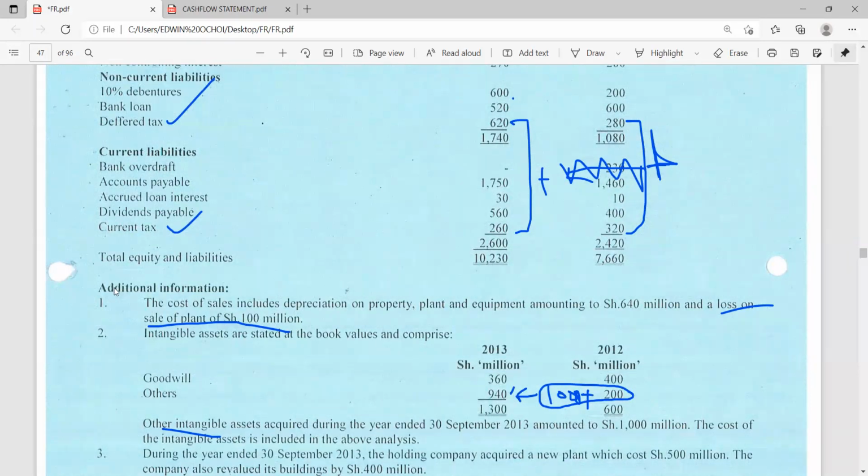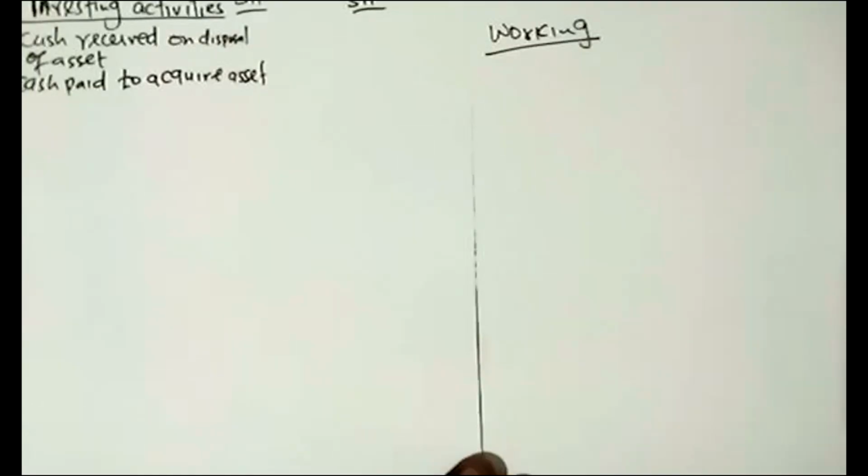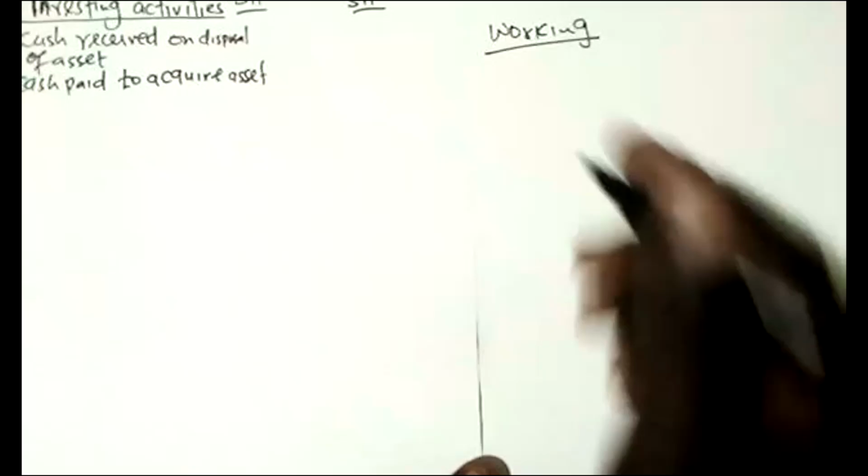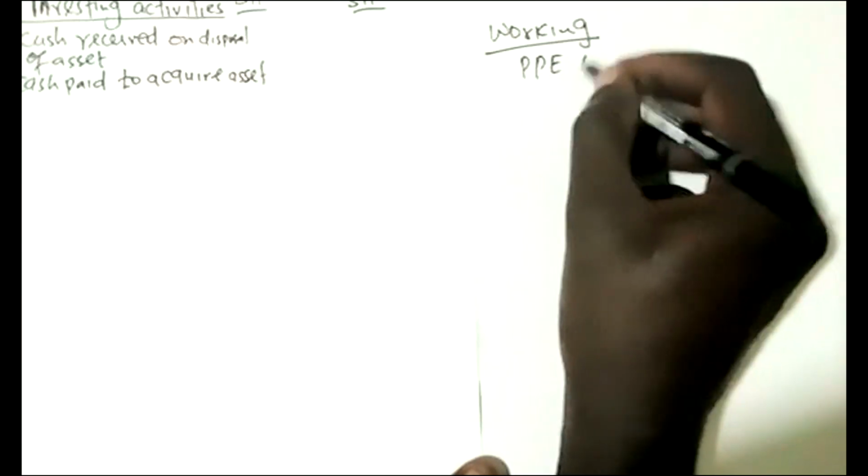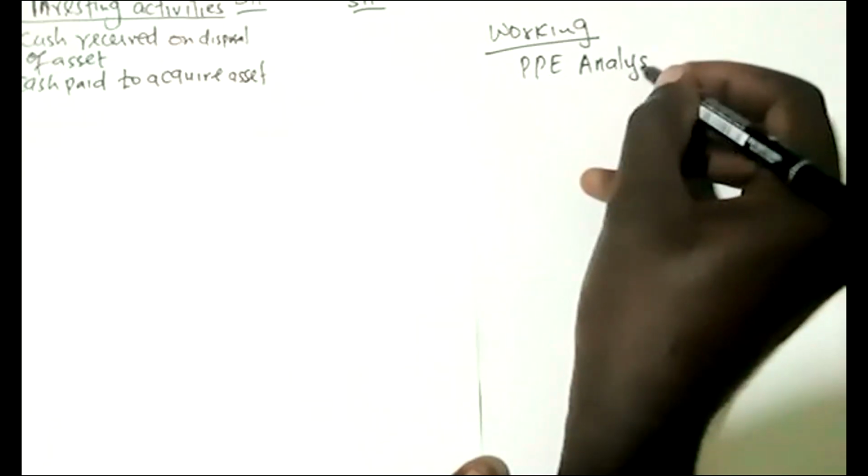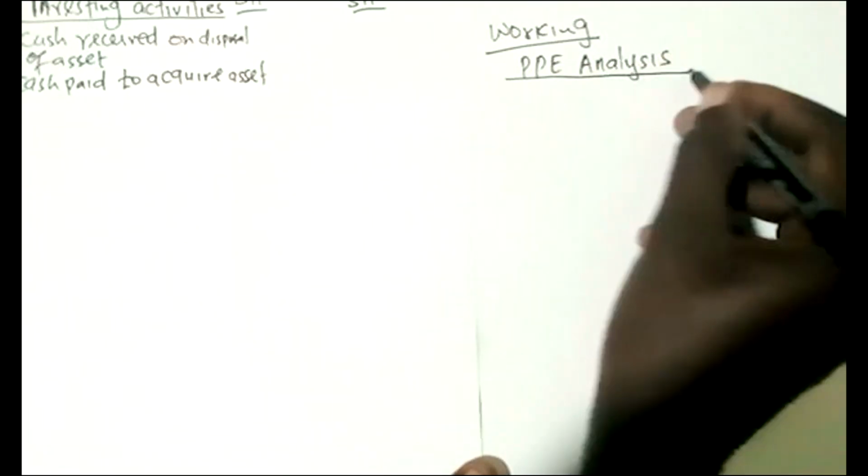That is a loss they made when they sold an asset at what value. So we need to look for the amount at which an asset was sold, so that they made a loss of 100. So I have to do a PPE analysis, my property, plant, and equipment analysis.